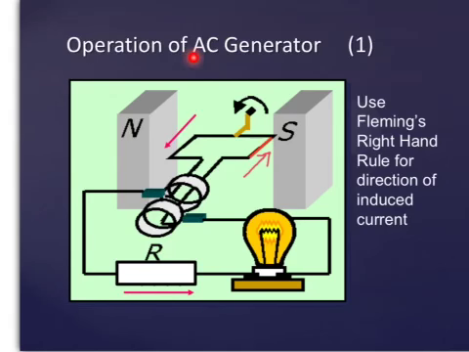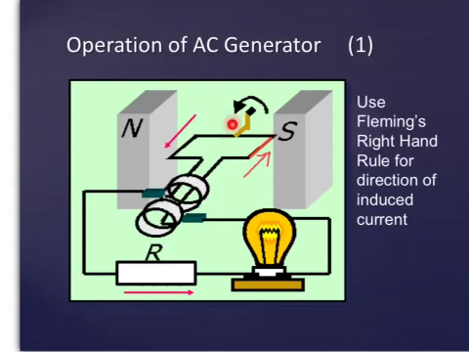Operation of the AC generator. Now let's just focus on this side of the coil, and the coil is turning this way, anti-clockwise. We can apply Fleming's right-hand rule to this side of the coil. First of all, the motion is upward because it's turning that way.